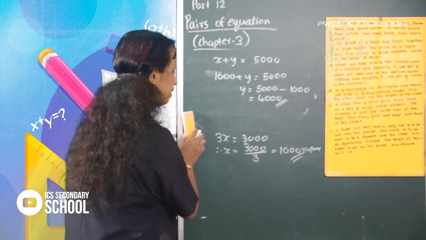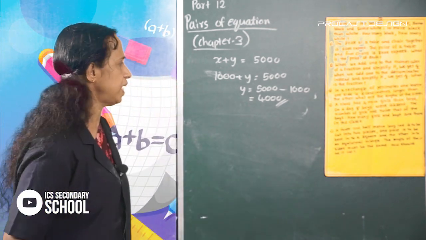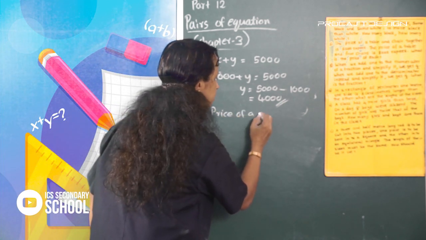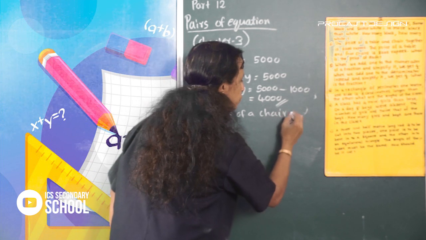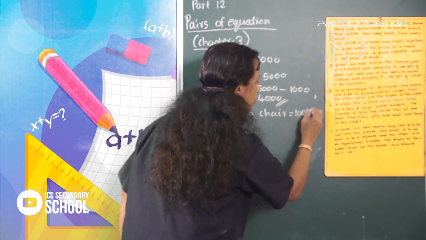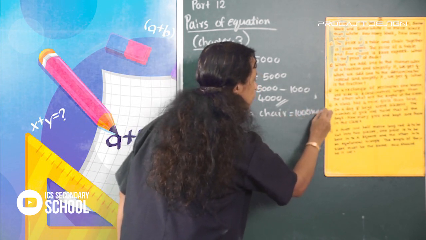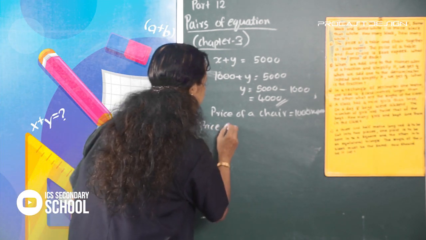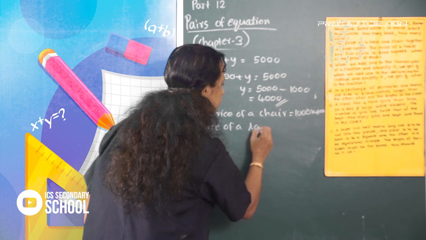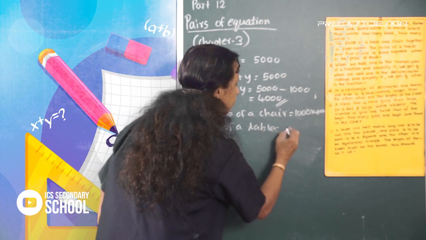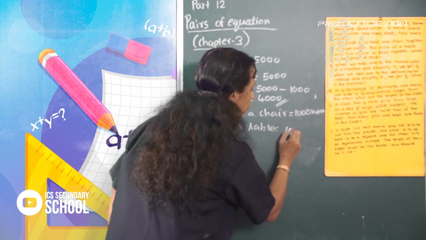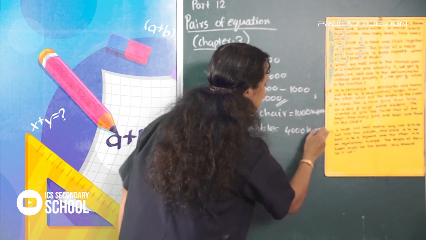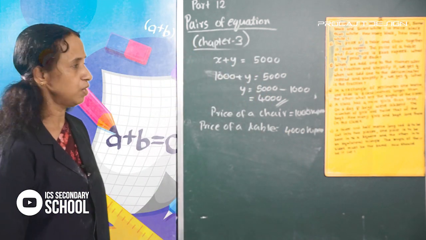Thus we have got the price of a chair is equal to 1,000 rupees, and the price of a table is equal to 4,000 rupees.